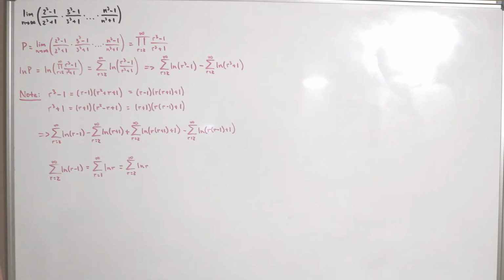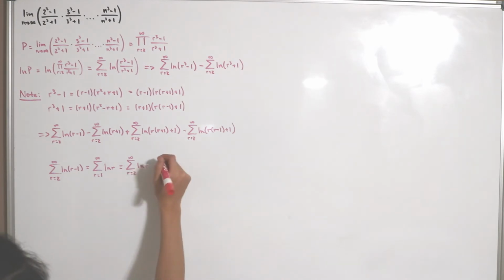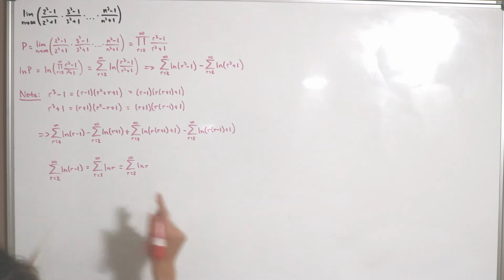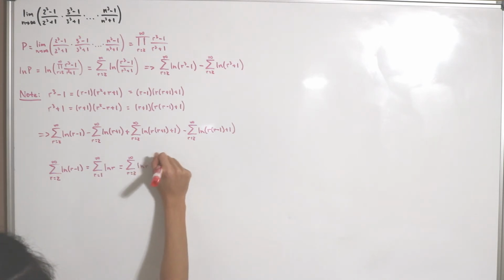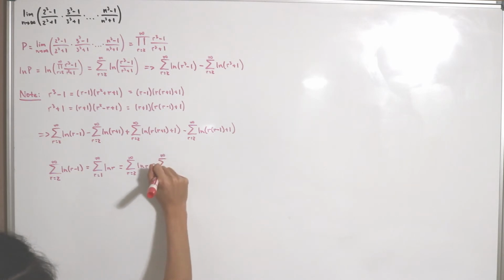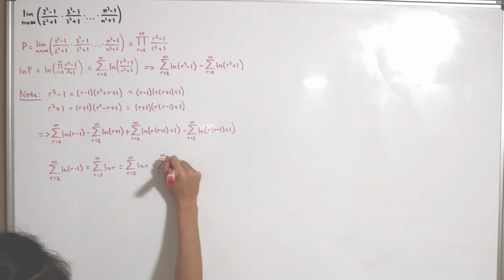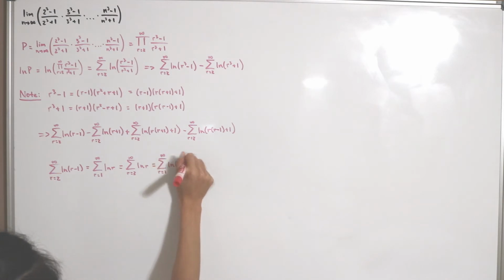Then you start with the next term, which is 2, so that will start with ln of 2, then plus ln of 3, and so on, which is exactly the same thing as what we've written right here. So these two are equal to each other, and with that I can rewrite this, starting our index at r equal to 1 of the natural log of r plus 1.